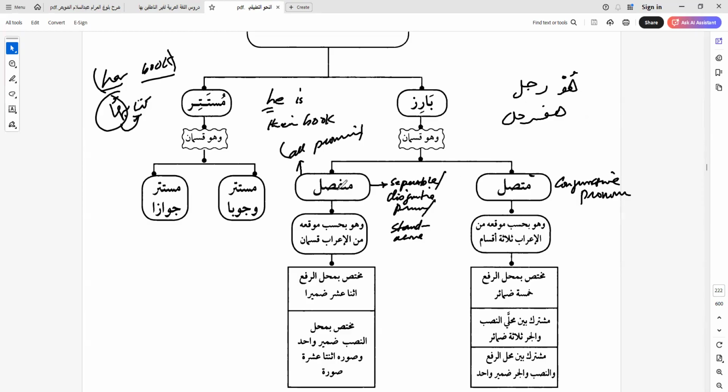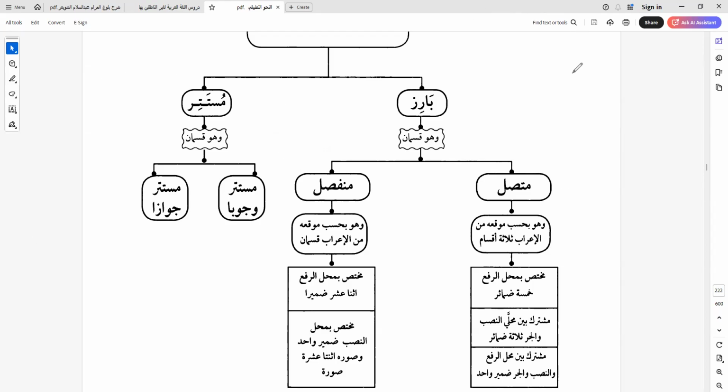But when damir is munfasil in Arabic, it's always written alone, or it stands alone all the time. But there are some damir muttasil that are sometimes compelled to be written alone, because of the nature of the vowel, the letter, like if they are in front of wa, or ra, or tha, or da, or alif, or za.